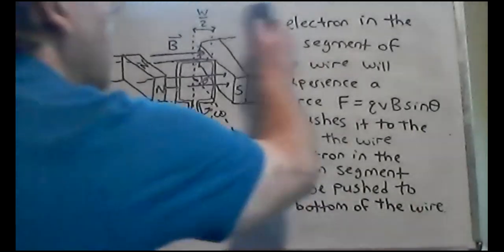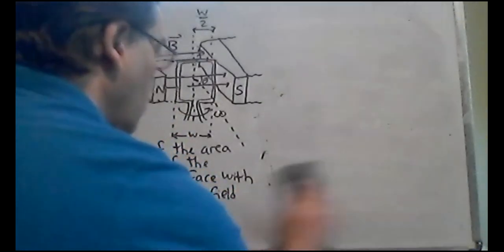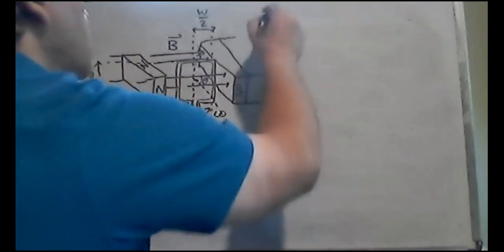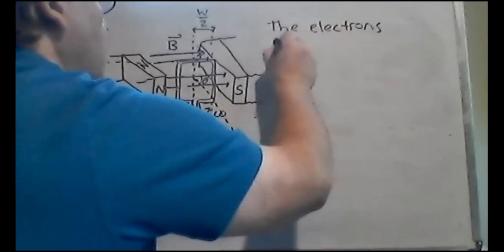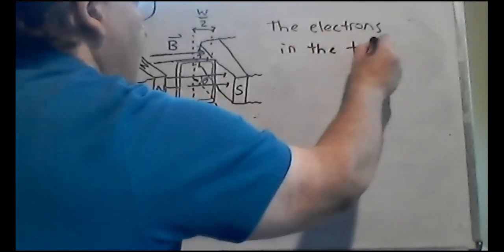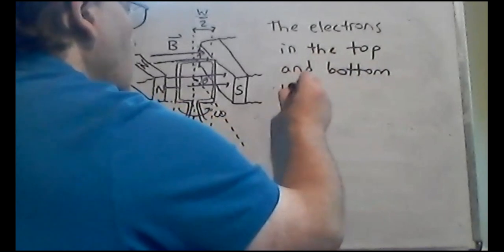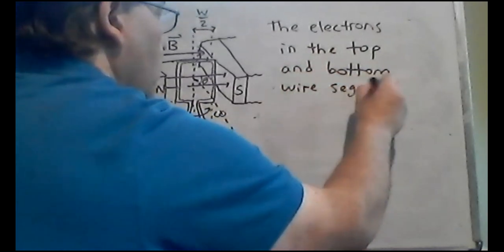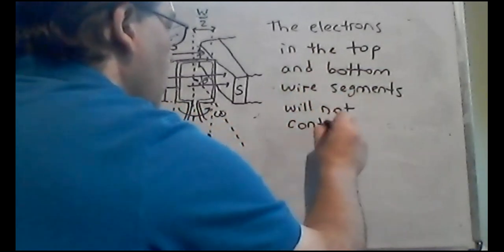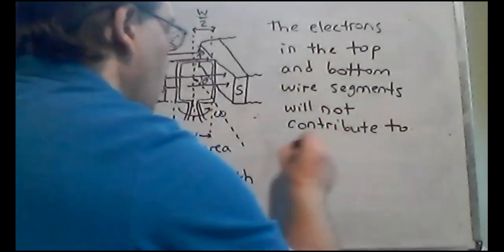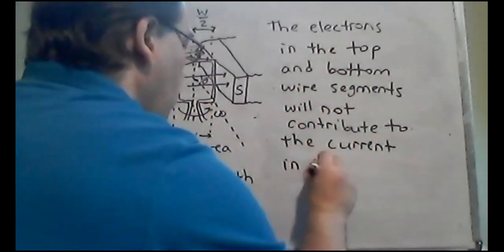All right, so what that basically means is that the electrons in the top and bottom wire segments will not contribute to the current in the wire loop.